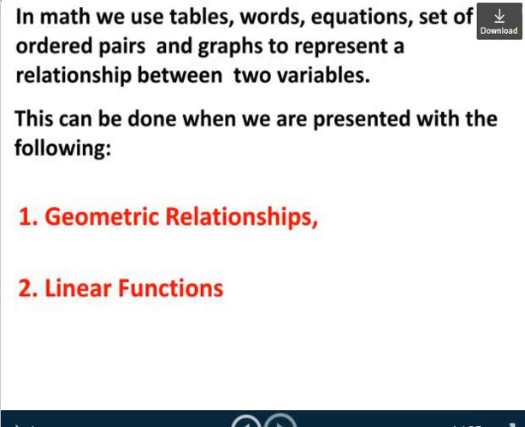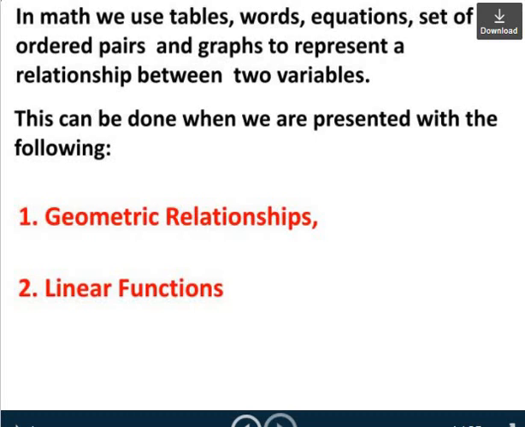But first, let's say that in math, we use tables, words, equations, and sometimes sets of ordered pairs and graphs to represent a relationship between two variables. To explain the function, we can use tables, words, and equations, okay? This can be done when we are presented with geometric relationships and linear functions.